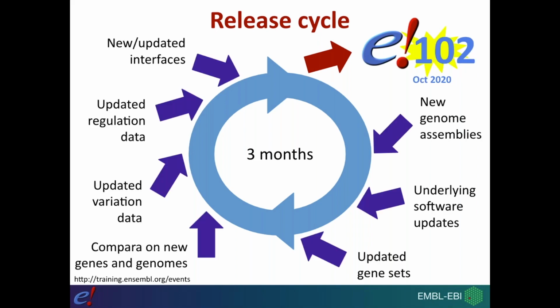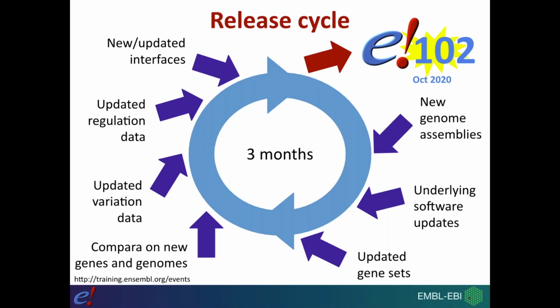At the moment, we're currently looking for new genome assemblies for different species. We're updating our underlying software. We're updating any gene annotation according to new evidence, new data that's being produced. We re-perform our comparative analyses based on the new species that are being loaded into our databases. We update and import new variation data where that's available.